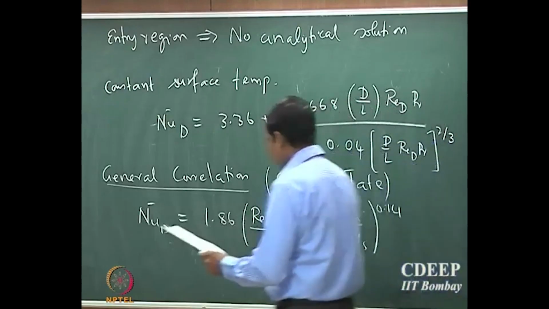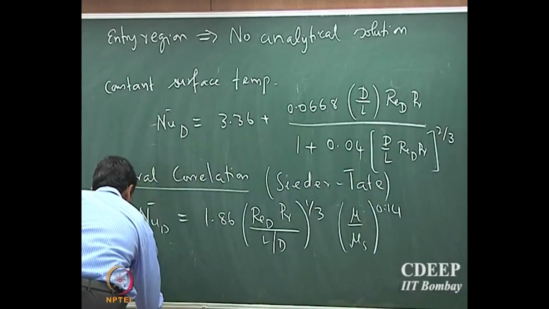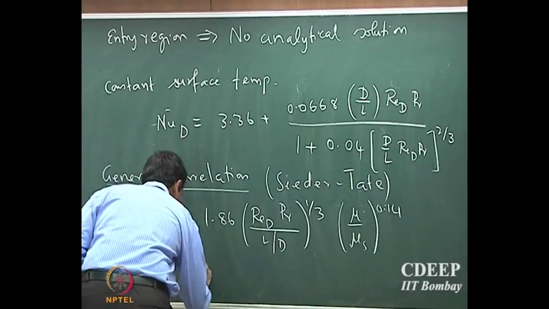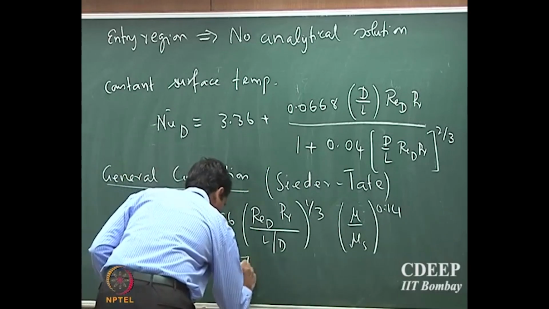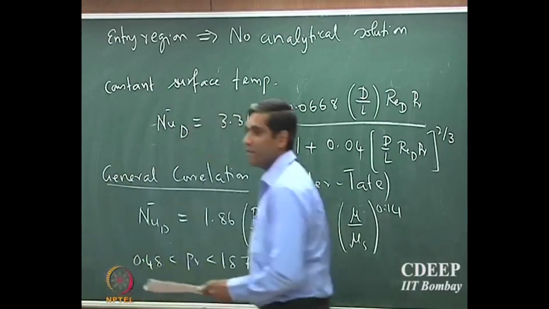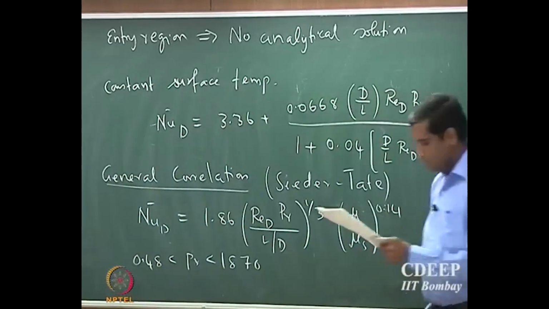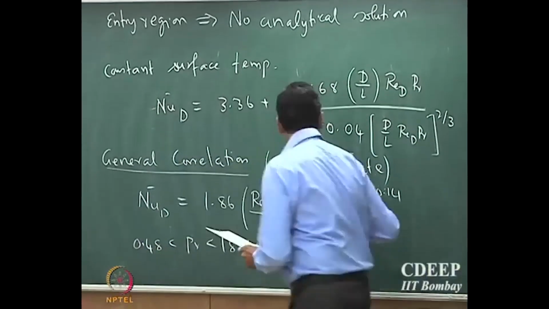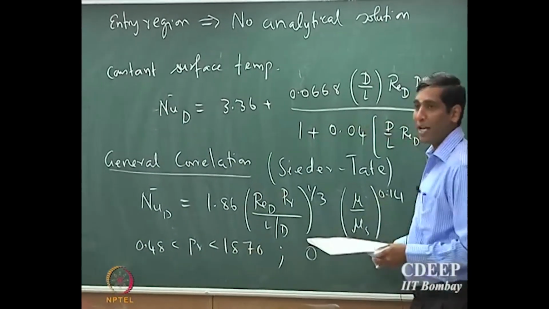And so here this correlation is valid when Prandtl number is between 0.48 and 1870, and the ratio of mu to mu s.